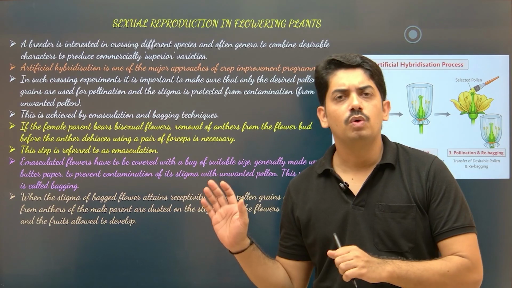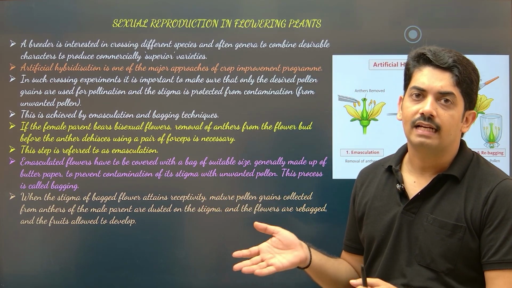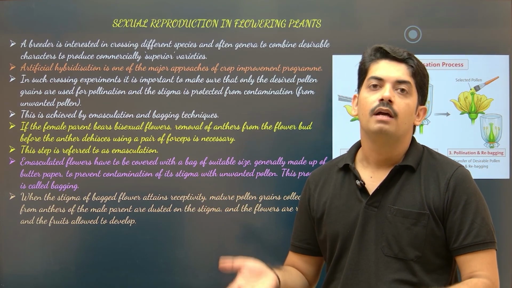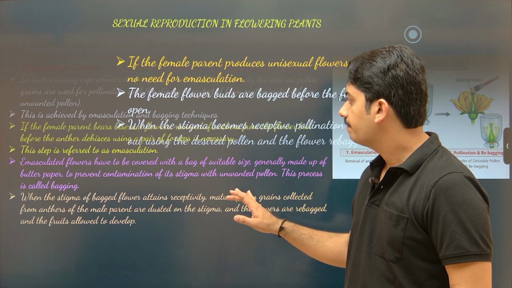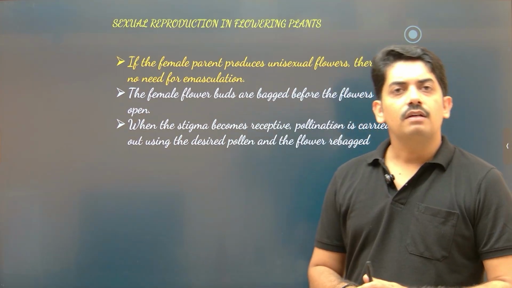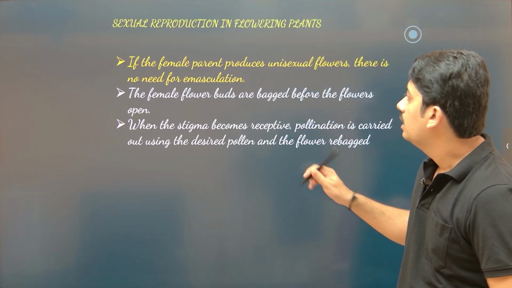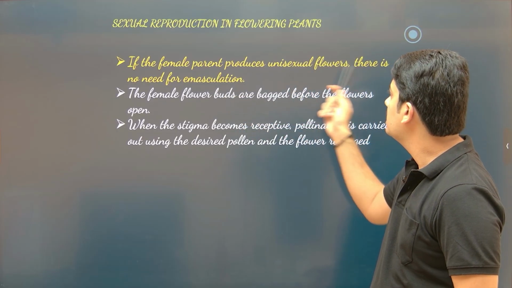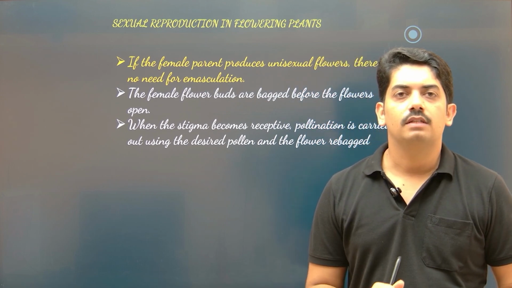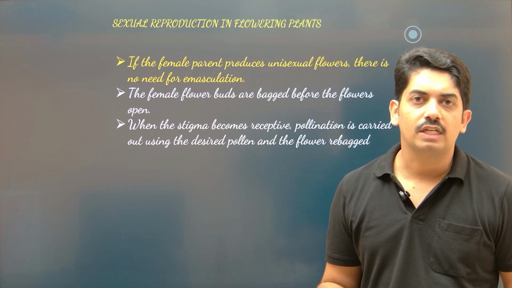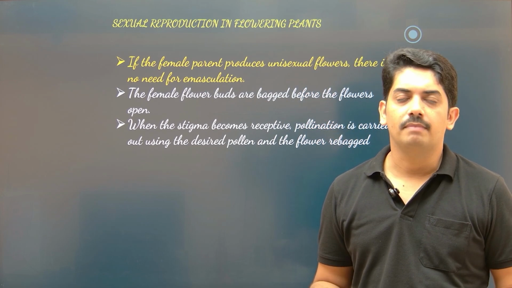Okay, there is no guarantee that the offsprings produced will be hybrids, but there is a high chance that they will be hybrids. If the female parent produces unisexual flowers, there is no need for emasculation. Suppose the flowers are unisexual, then there is no need of emasculation.